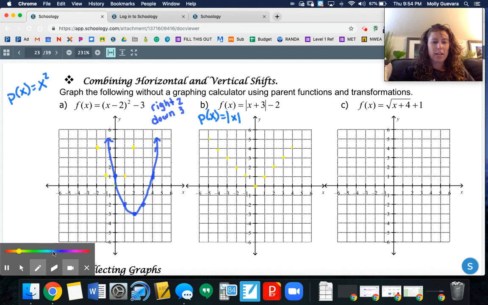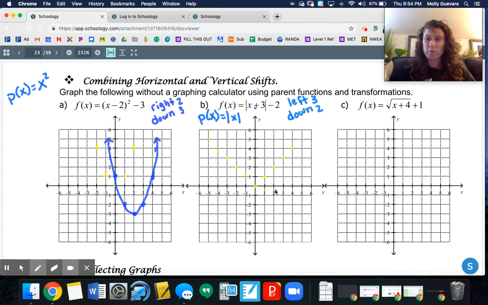But that's great and all, but what I'm really interested in is right here. This tells me that I go left 3, and then the minus 2 tells me I go down 2. Hopefully this is looking familiar since we did do it in algebra 2 as well.